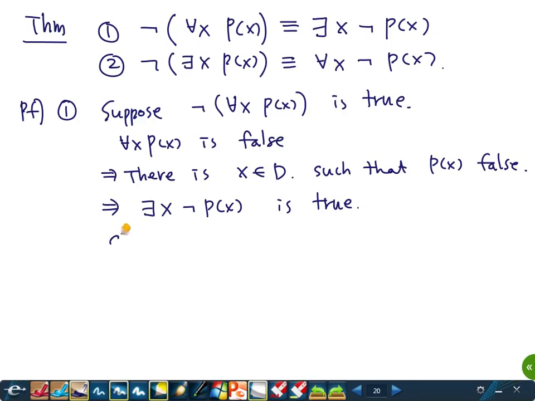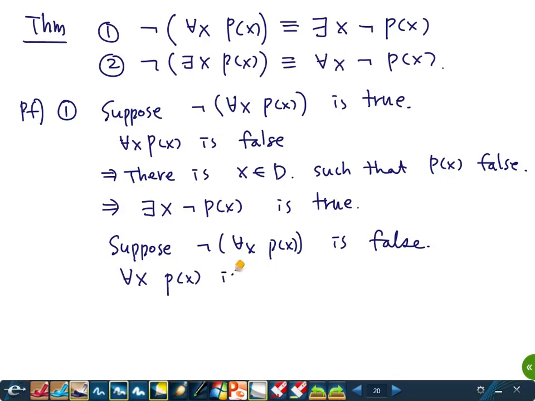Now we have to consider the other case as well. Suppose that this is false. What does that mean? For all x, P of x is true, because we negated this false to true. This means, for every x, P of x is true.